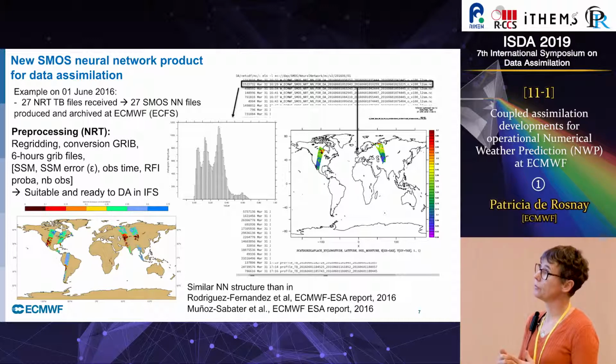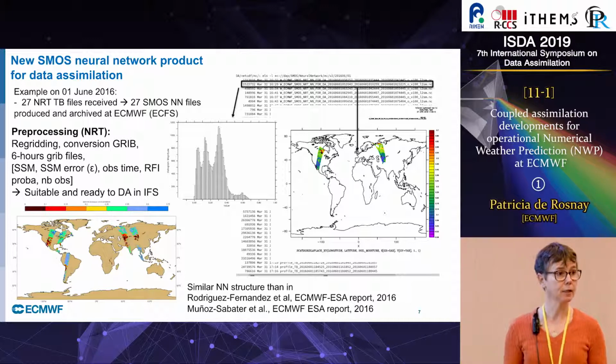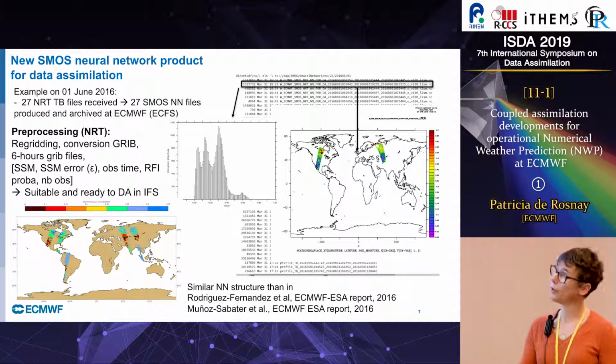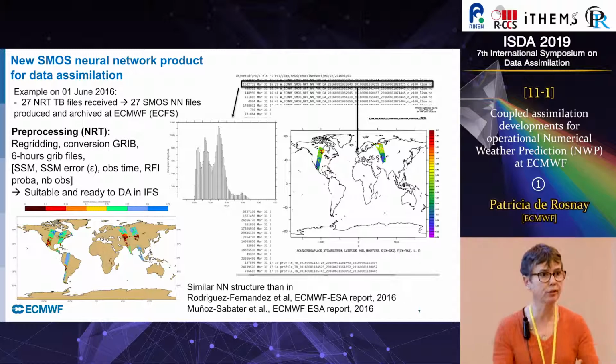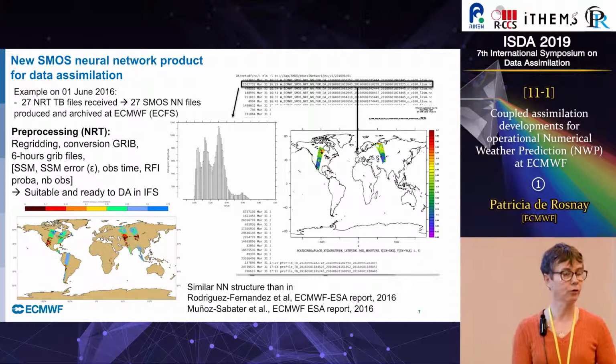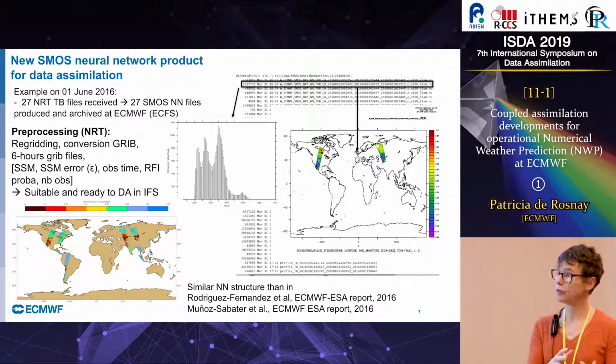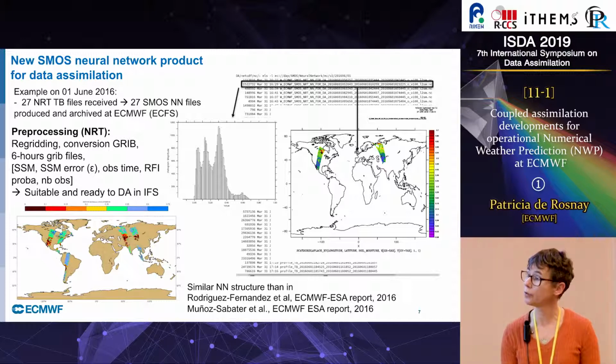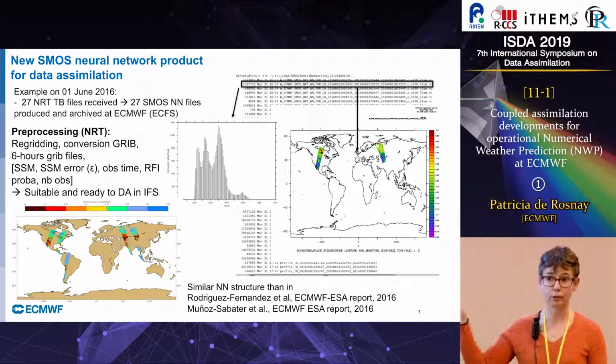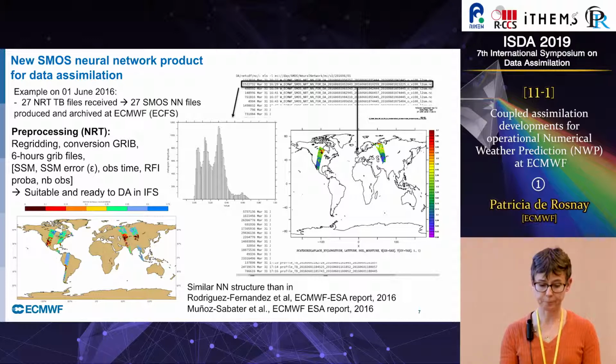And it allows us to retrieve soil moisture immediately from the brightness temperature. So we receive brightness temperature and convert it immediately to soil moisture. So we continuously process the neural network soil moisture to be ready for the data assimilation system, which is shown on the bottom left. It's a soil moisture map processed from the SMOS brightness temperature by the neural network and available for data assimilation.